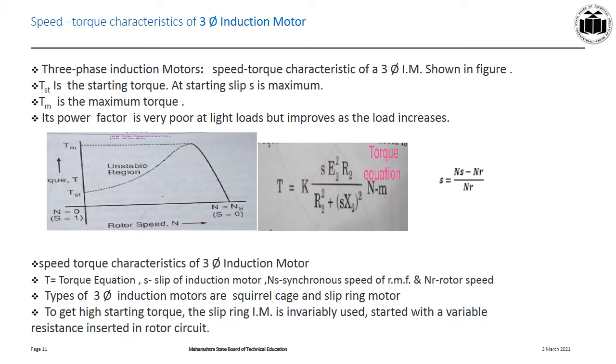So, in order to get high starting torque, the slip ring induction motor is invariably used, started with a variable resistance inserted in the rotor circuit. On the other hand, squirrel cage rotors are fixed at both ends, so no change in the resistance can be done.